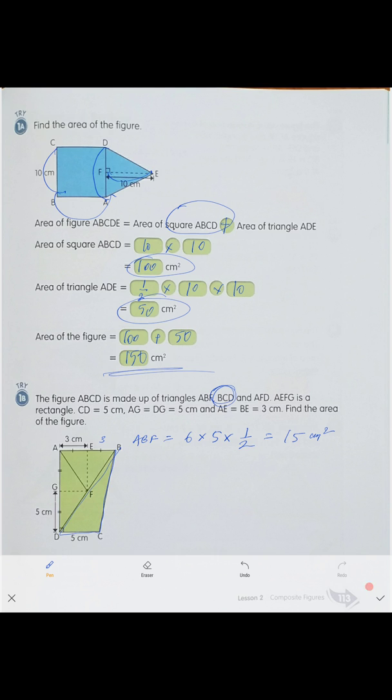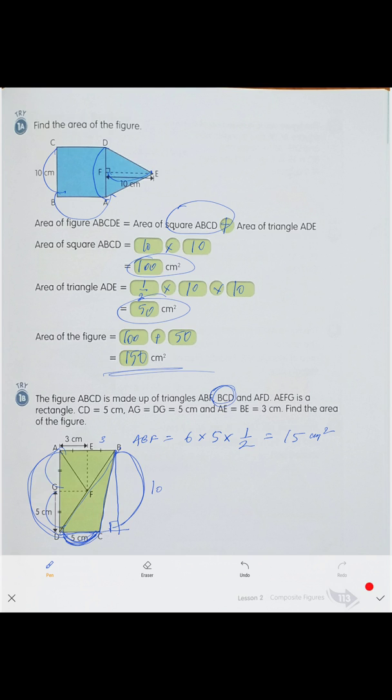We consider the next triangle, BCD, right? We extrapolate and we make it, that's not very straight, but it's okay. You draw a perpendicular line, right? And this side is equal to this side. We know that this is 10, 5 plus 5, right? So this is 10 too. And we know the base.